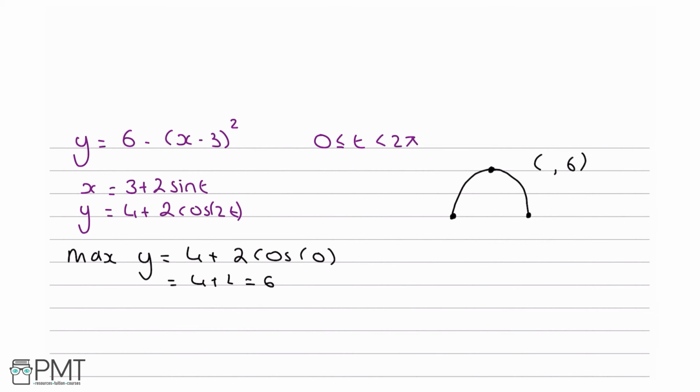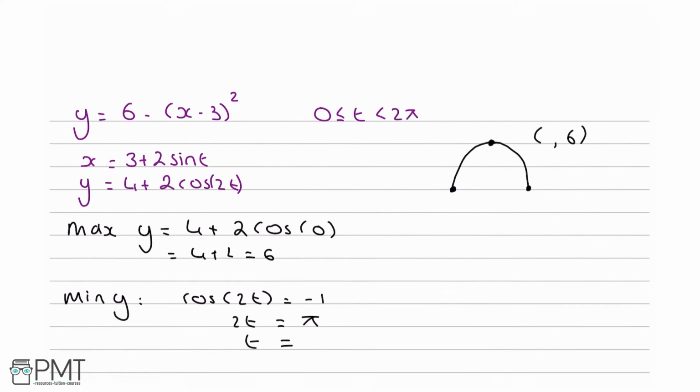Now, if we want to look at the y coordinates for our endpoints, we see they are at a minimum. We need to look for when y is at its lowest. Y is at its lowest when cosine of 2t equals minus 1. So this means 2t equals pi, and therefore t equals pi over 2.